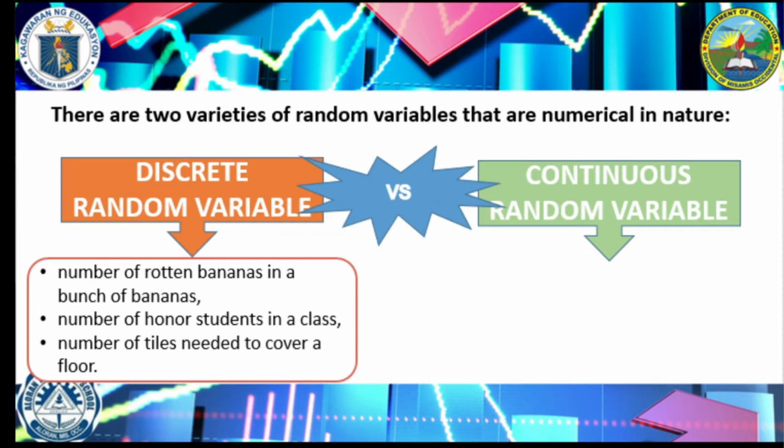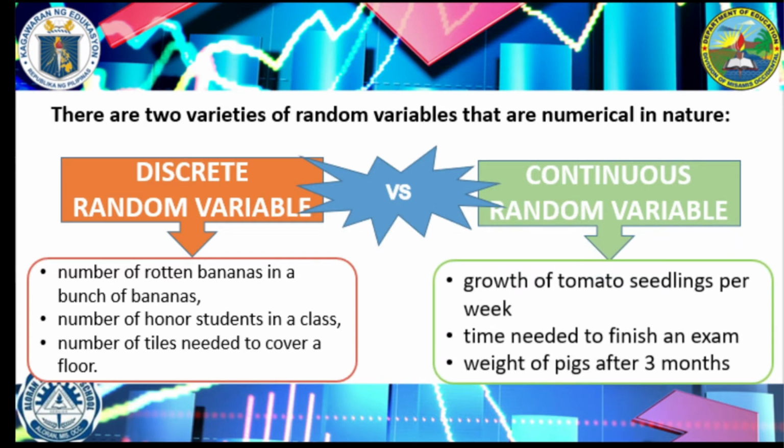All of those mentioned are examples of discrete random variables. How about continuous random variable? We have the growth of tomato seedlings per week, time needed to finish an exam, or the weight of pigs after 3 months. These are examples of continuous random variables.